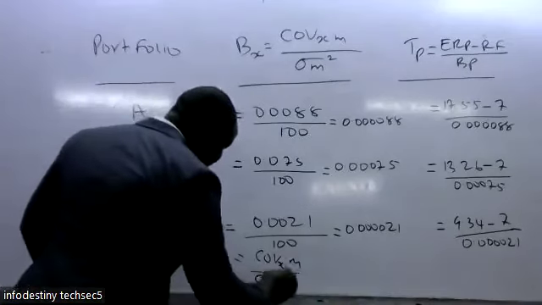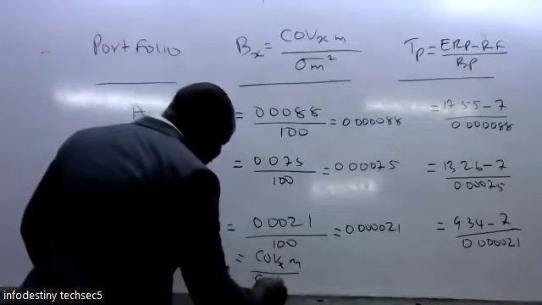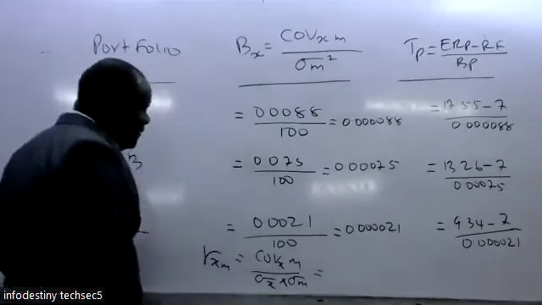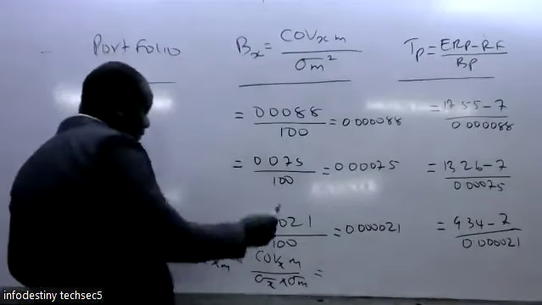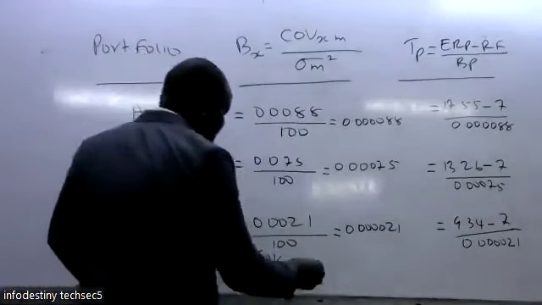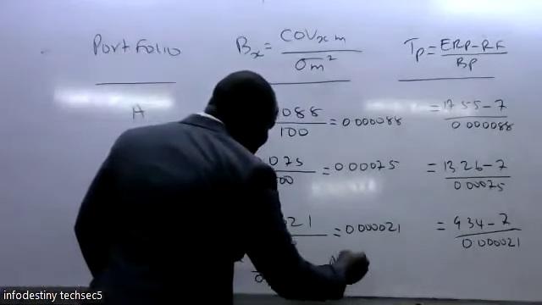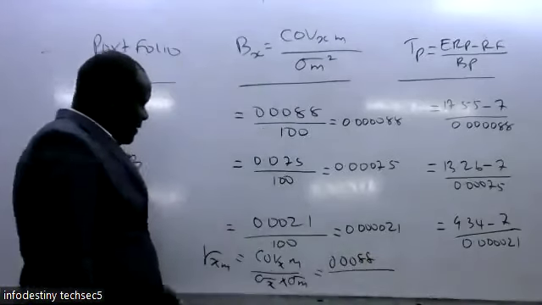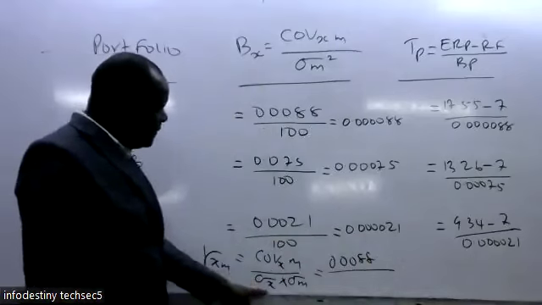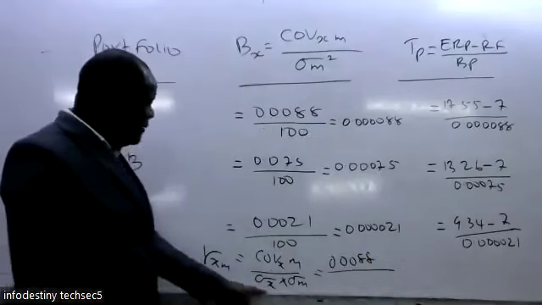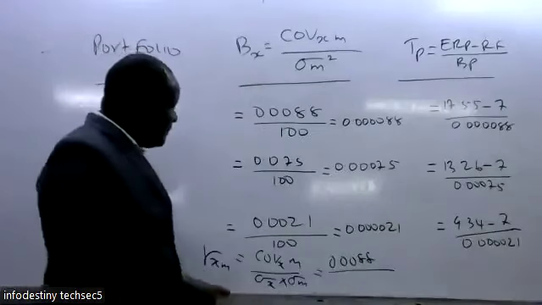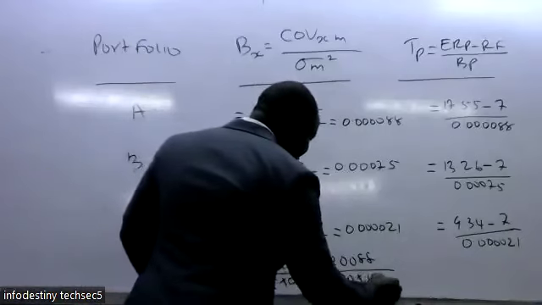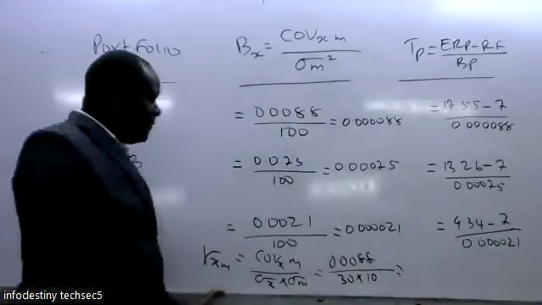So the standard deviation for X multiplied by the standard deviation for the market. So the covariance we have got is 0.00. The standard deviation for X, and the one for the market is still there.